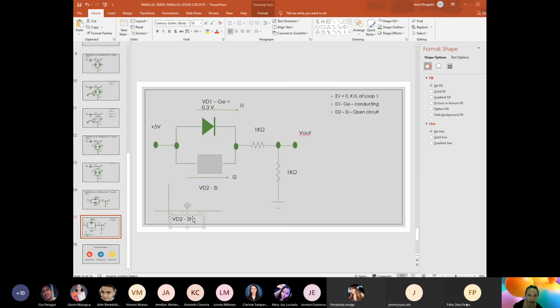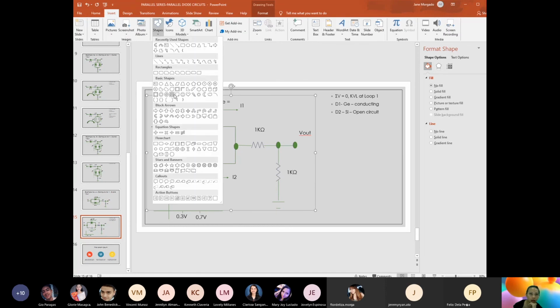Yan, this is 0.3 volts. And this one is 0.7. Yan. Pagka mag-graph tayo, saan kaya?